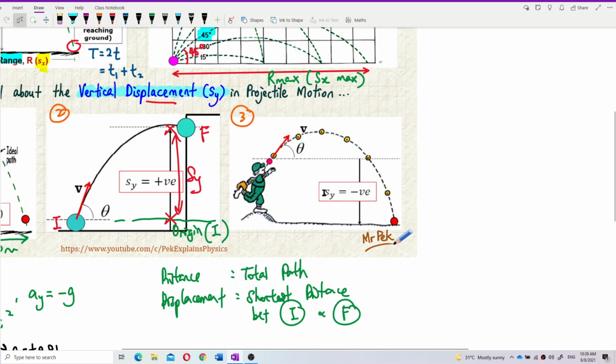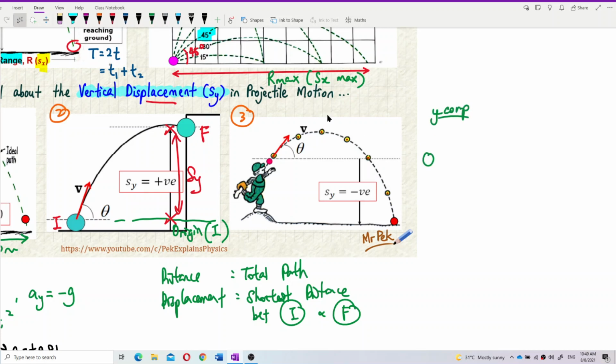Look at this one. This one is thrown up, but then it returns to the same level and then goes further down. For this case, what's the y component of displacement? Remember again, displacement is about the shortest distance between the initial and final point. So where's the final point now? This is actually the same as the ball, for the y component.